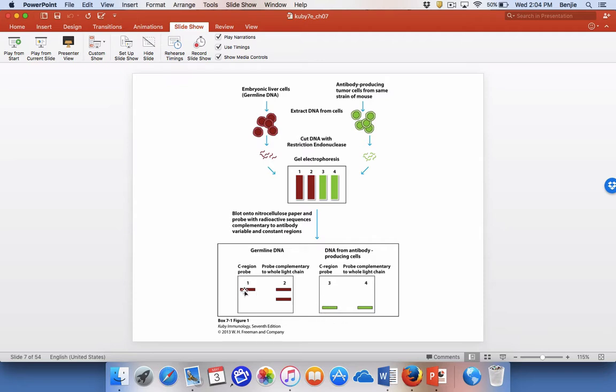That means that this is larger, it represents a larger chunk of DNA. This is smaller, so something has been cleaved out of it to allow it to travel through. For the whole light chain, they found two, but they only found one over here, because only one is being expressed at this point in time.